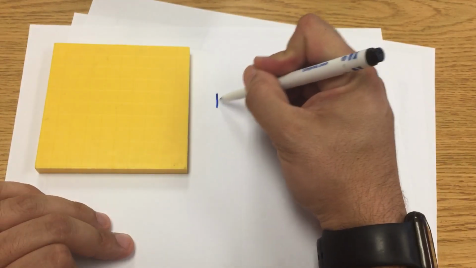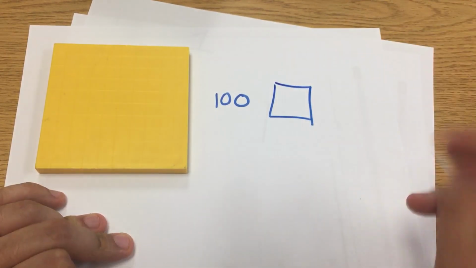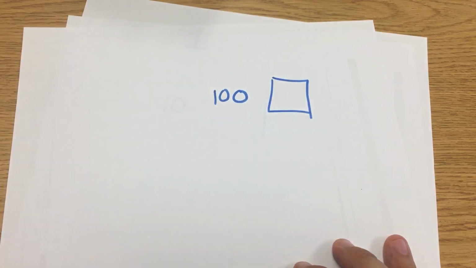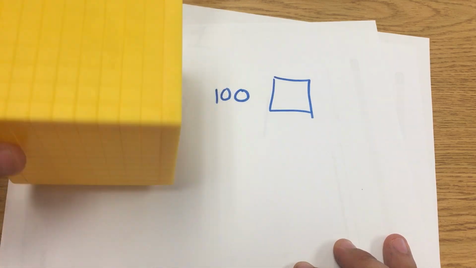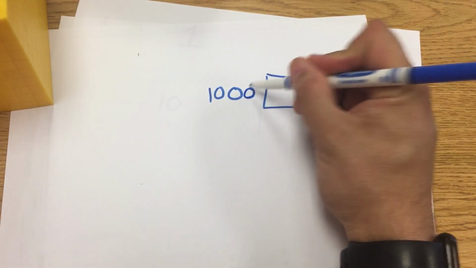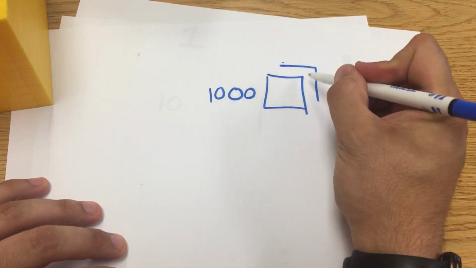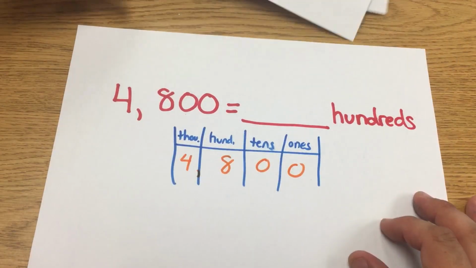A flat is worth 100, and we represent that just by drawing a square. And lastly, the last symbol here is a big cube. And the big cube here is worth 1,000. And to show 1,000, we make it look like it would have been a 3-dimensional cube, but that's our symbol that we use.